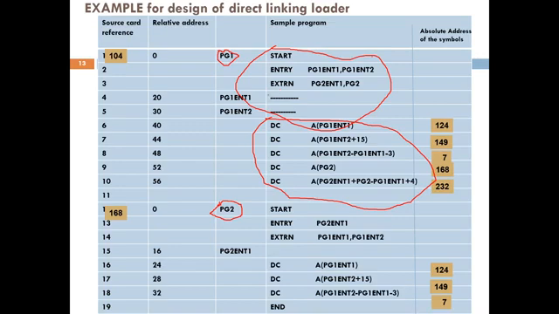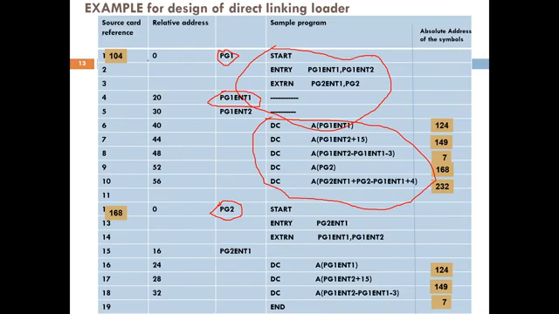How will I find out the address? For example, I have started the program at 104. PG1ENT1 is at location what? 20. Your relative address is 20, which means what will be the actual absolute address? Yes, exactly. Your absolute address for PG1ENT1 will be 124.